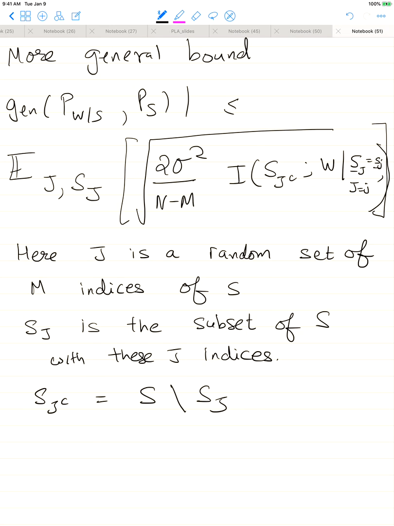And then you take the mutual information between the weight vector and the remaining elements. So you compute that, you have to scale it appropriately, and then you take the expectation with respect to J and Sj.